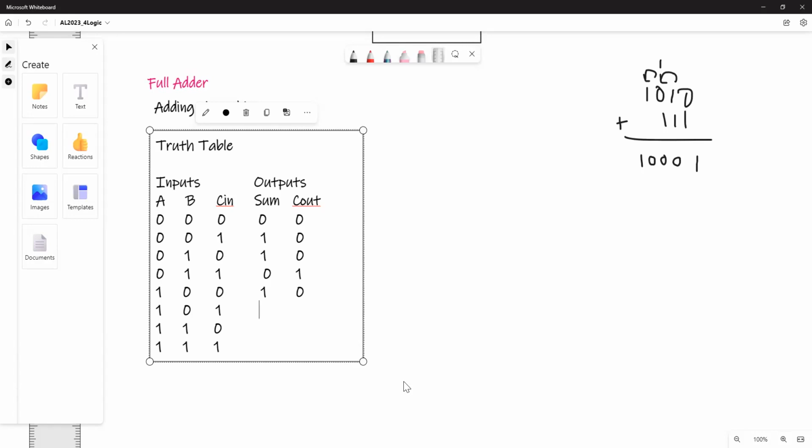So that means in this time, what happens? We have 0, the sum is 0. Then there's a carry 1, and 1, 1 again the same. So this is 0, carry will be 1. And when you have this, sum will be 1, carry out will be 1. Right, so that's what we have.